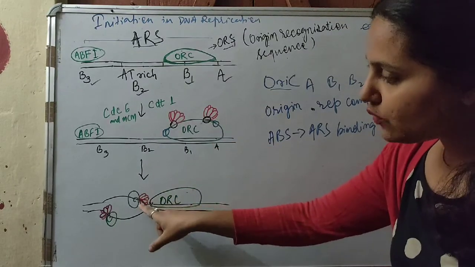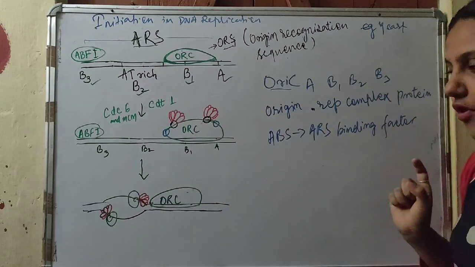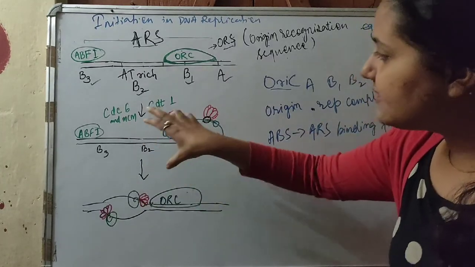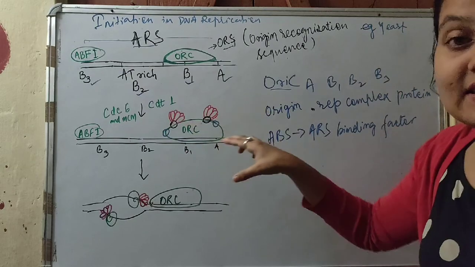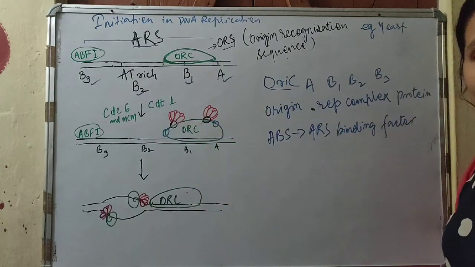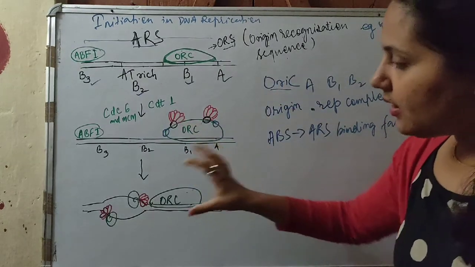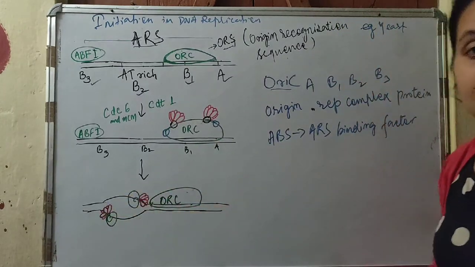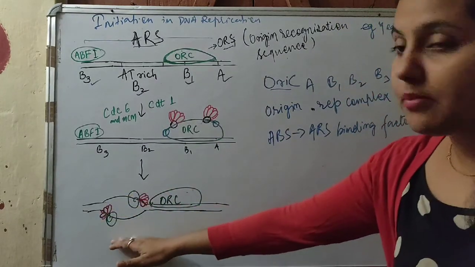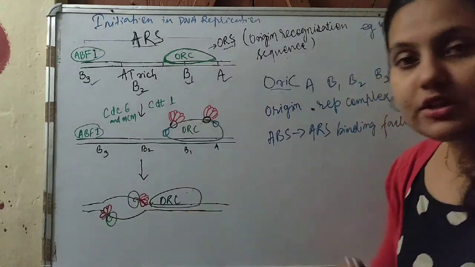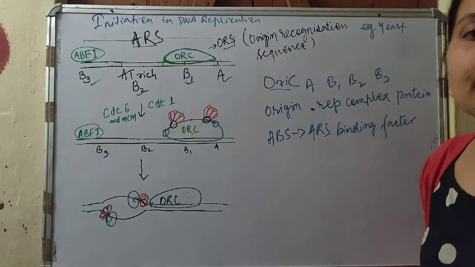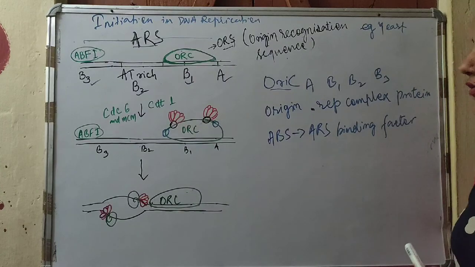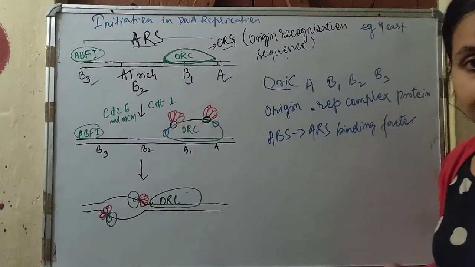So helicase will come and sit over the fork, and then CDC6 and CDT1 will fall off. And the other enzyme, the main enzyme, DNA polymerase, will come and sit for the process of replication to begin, and they form a replisome.